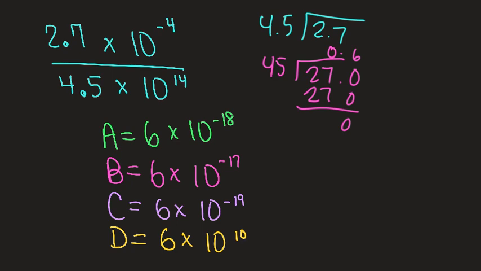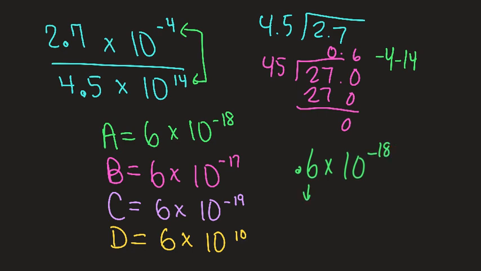Fix it to 45 and 27. 45 can't go into 27, so we add a decimal and a 0. It goes in 6 times. So now I'm left with 0.6 times 10 to the something. Well, I need to subtract my exponents. -4 minus 14 is a -18. Now I fix and make this one bigger, so I fix and make this one smaller. That means that C was the correct answer.